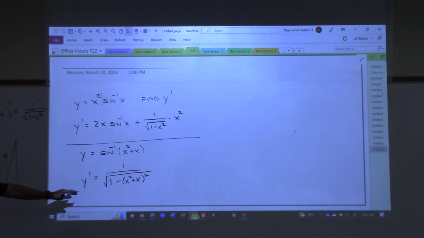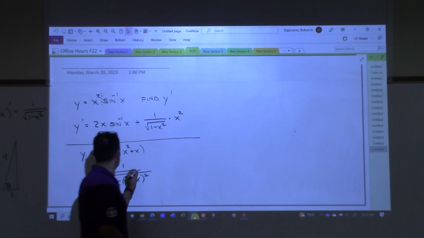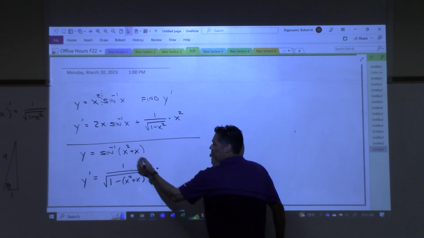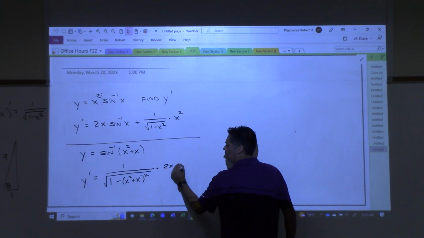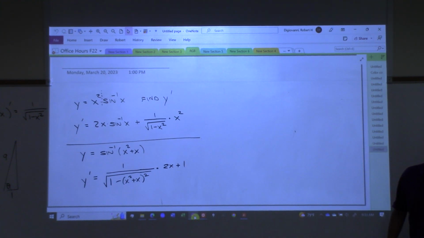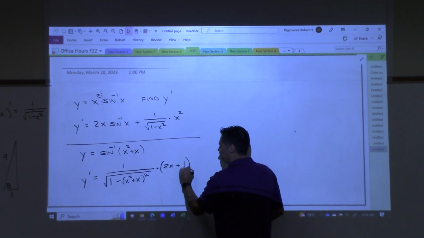Am I done, though? No. What do I need to do now? Multiply, right? Chain rule. So multiply by the derivative of what was in here, which is 2x plus 1. Do I need that in parentheses? Yes. Because it's two terms, right? So this must be in parentheses.